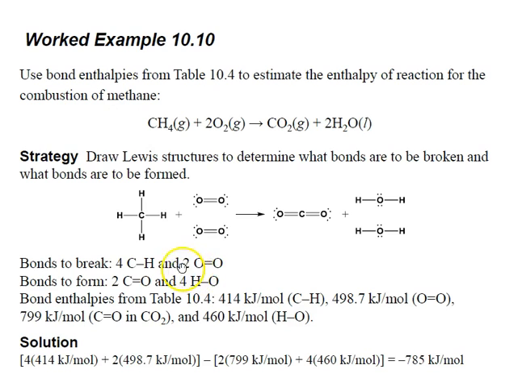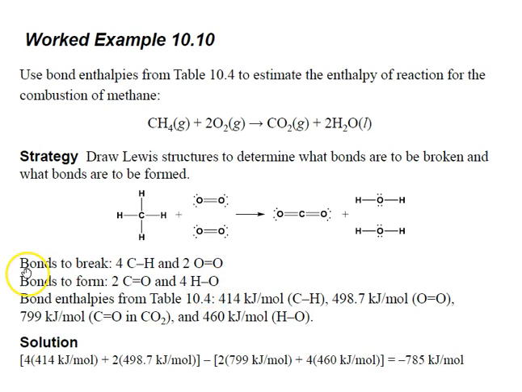So we're going to be breaking 2 oxygen-oxygen double bonds. What is forming, if you look at this side, we saw what's breaking. This is forming a carbon-oxygen double bond, 2 of those. And then we're also forming hydrogen to oxygen, and there's 1, 2, 3, 4.